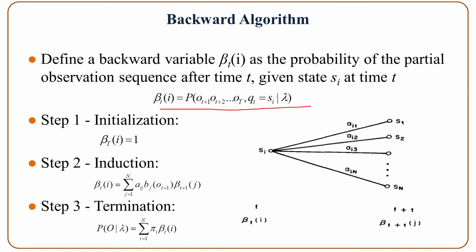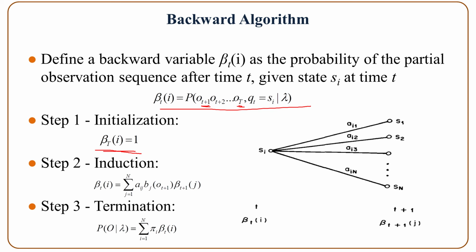So this partial observation starts at time t plus 1 up to time capital T. In step 1, for initialization, beta T of i is set to 1.